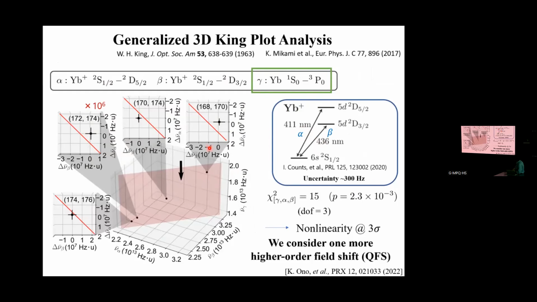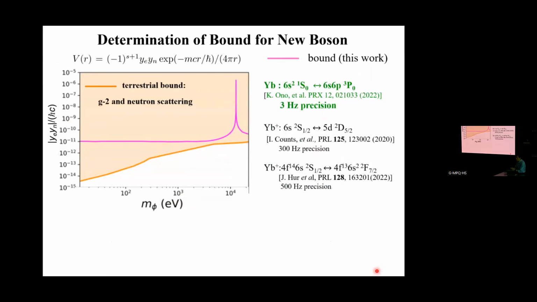We use the isotope shift data for the alpha transition for ytterbium ion and the beta transition for ytterbium ion and others. In this plot we use our data and one of the transitions, and new isotope shift data for the WTS to WTF transition. So this is the difference. Okay, thanks.